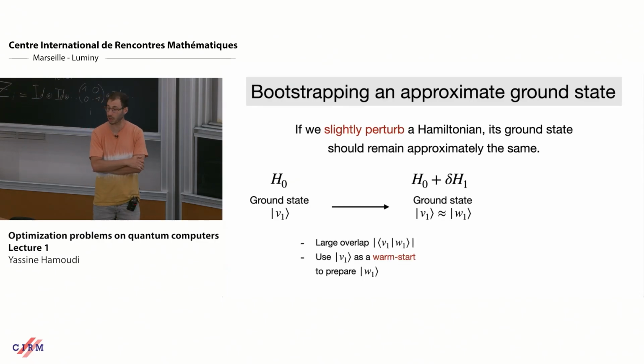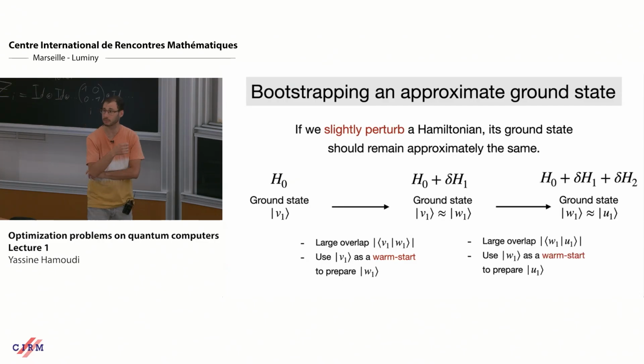Assume that you know the ground state of H0, and you use it as a warm start for finding the ground state of H0 plus delta H1. Because of the small perturbation, it's not exactly the ground state, but the overlap will be very close to 1. So that is a very good warm start. You could prepare V1, use it as a warm start to prepare W1, the next ground state.